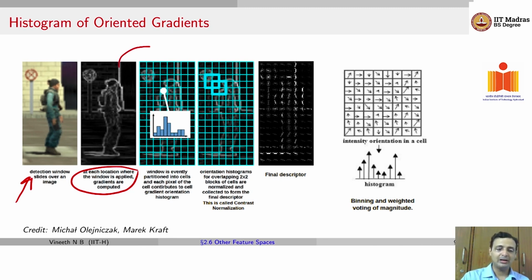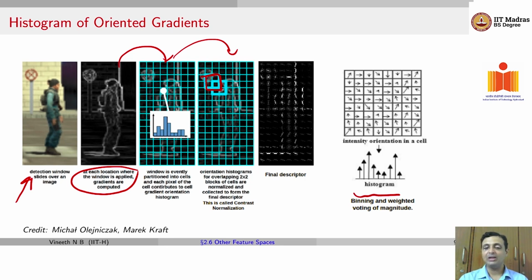And then you divide the entire gradient image into a uniformly spaced grid. And then for every 2 cross 2 block in this grid, you compute your orientations of the gradients. Very similar to how we talked about it for SIFT. You would have, say, multiple orientations.